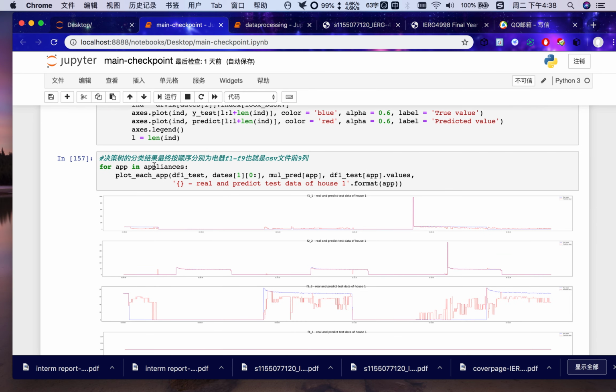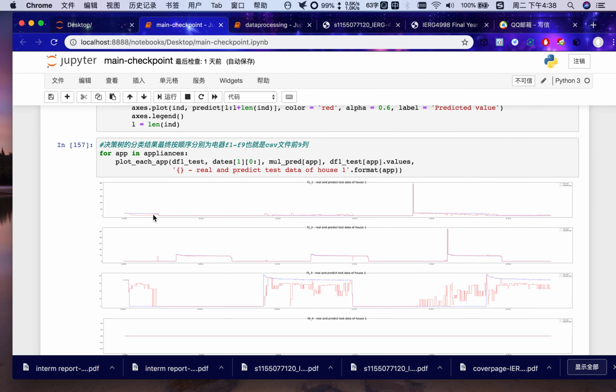We plot out the pictures, the curves. The red one is the real values of the equipment, and the blue curve is what we have predicted.